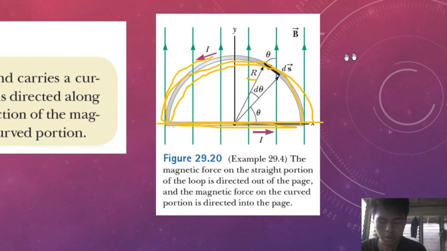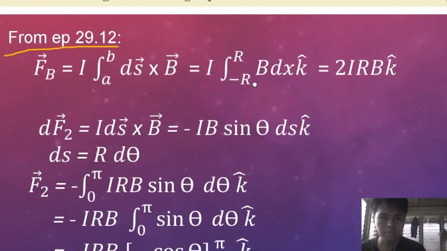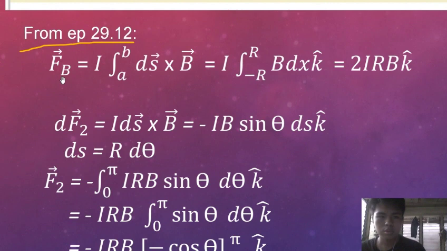We notice that ds is perpendicular to the magnetic field, so we can use equation 29.12.